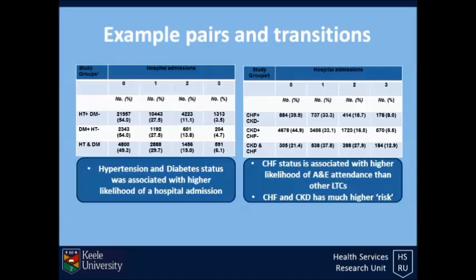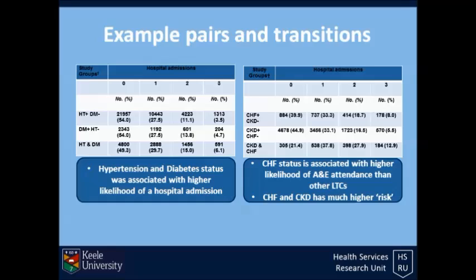In this next slide, for the same two examples, I'm now showing you the hospital admission episodes. So if you look at the multimorbid pair of hypertension and diabetes, half this population had had at least one hospital admission in any one of the 3 years. Just to be clear, the hospital admissions could be planned or unplanned.